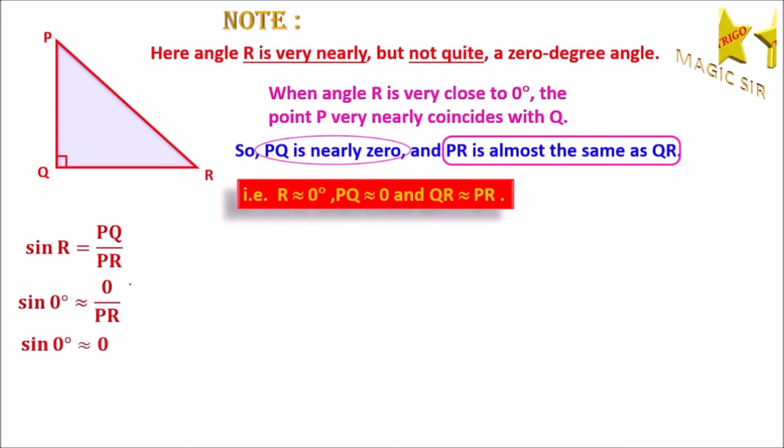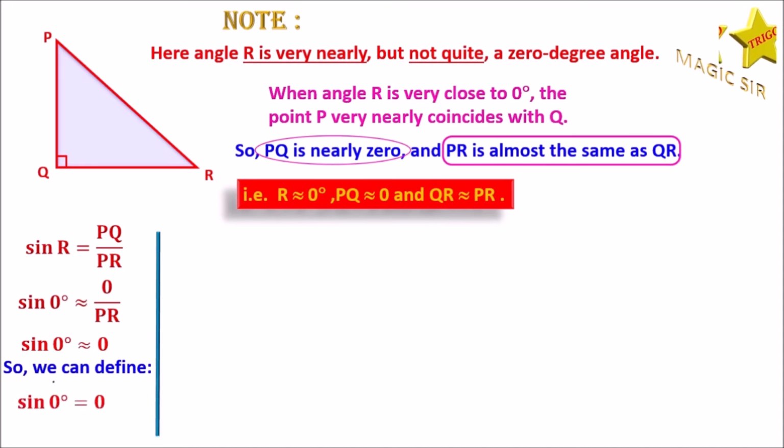So we write sin 0 degree is approximately equal to 0. So we define sin 0 degree is equal to 0. When we define something, there is no question of anything. When a question is not resolved, accept it as a definition. So we accept sin 0 degree is equal to 0.